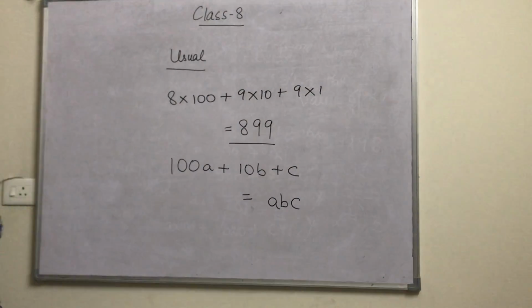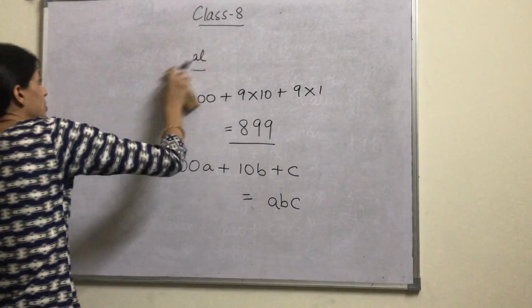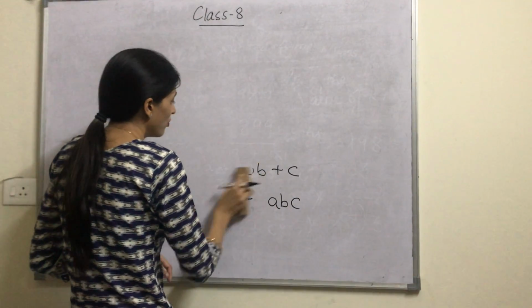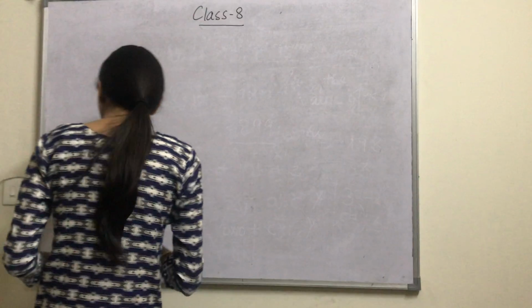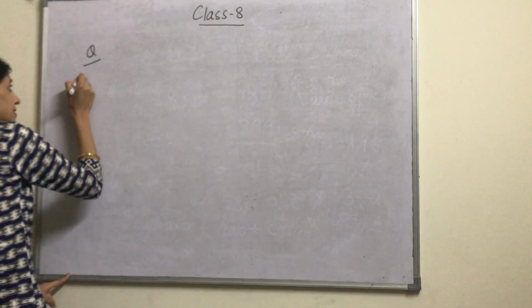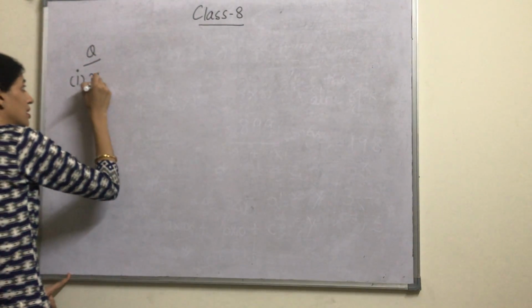Now, sometimes the questions in this chapter, playing with numbers, are given in the form of riddles. And you have to solve those riddles. Suppose a question is given in different steps.